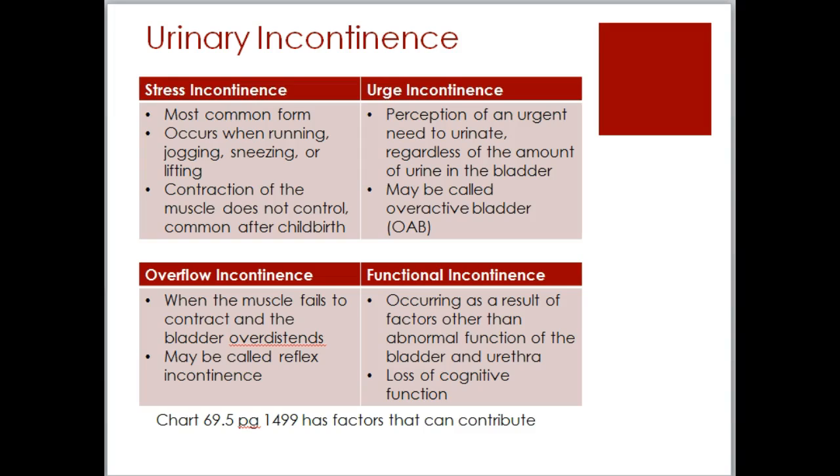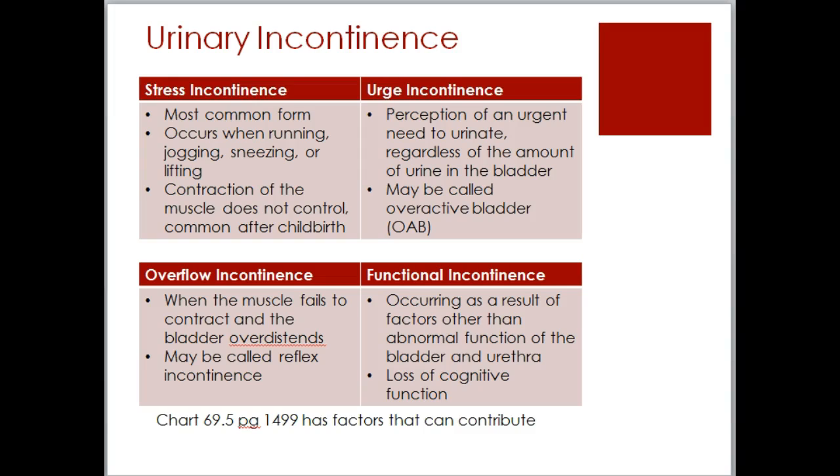Okay, a lot of people don't even realize that this is not abnormal. So one of the common things that we may see is stress incontinence, and this is the most common type. So they may have loss of small amounts of urine during coughing, sneezing, jogging, lifting, laughing, anything like that. And this is because the urethra can't tighten to overcome the increased bladder pressure caused by the contraction.